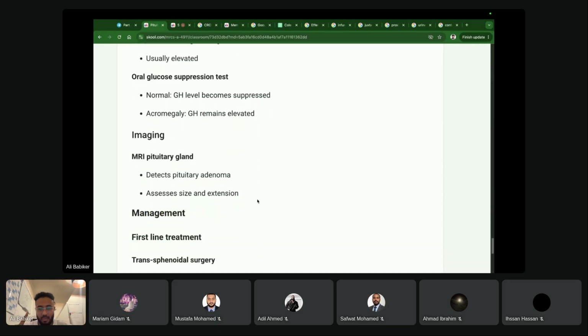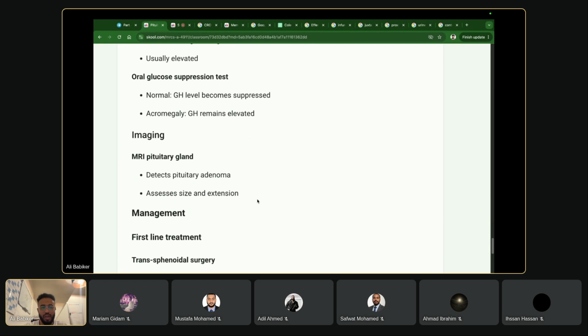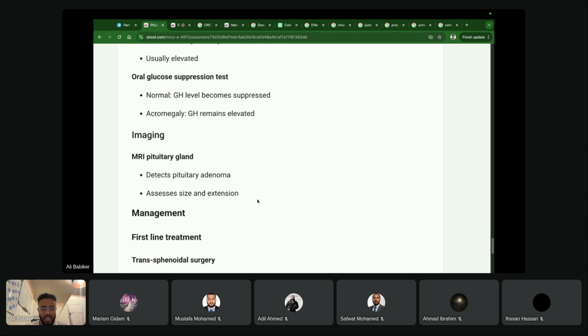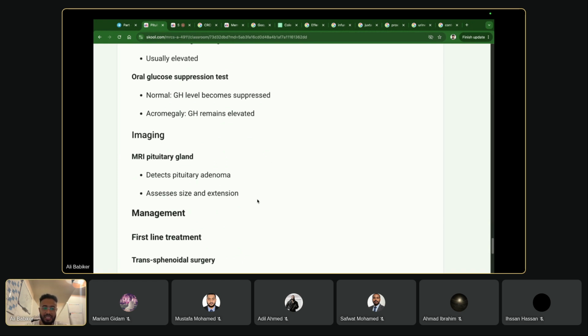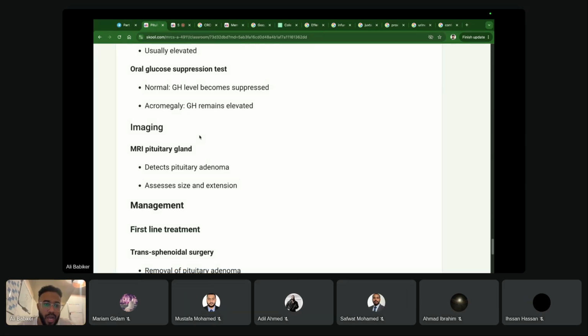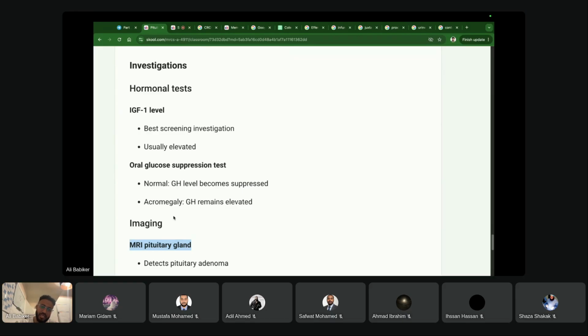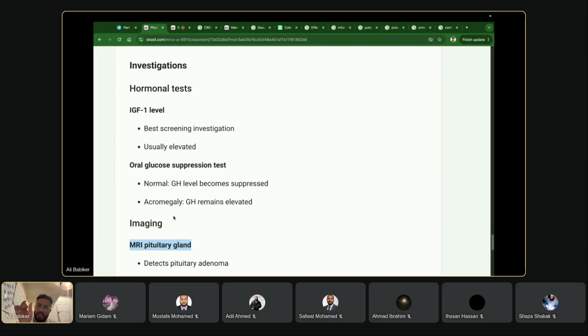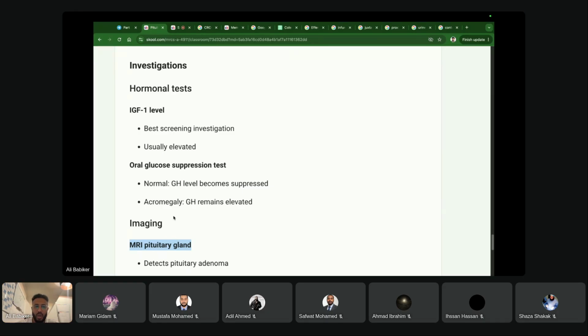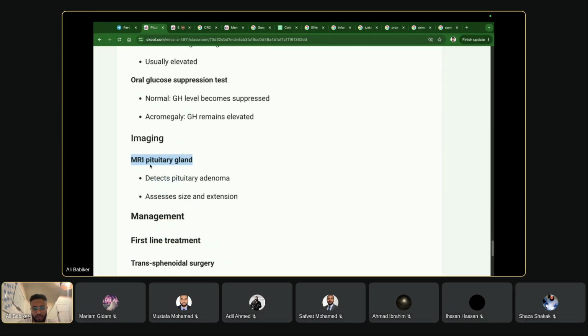If you suspect a pituitary cause, you may do an MRI of the pituitary gland to detect the pituitary adenoma and assess the size and extension. You may say, why don't we start with MRI? Because sometimes, even if your patient has acromegaly, you won't be able to see it with just MRI because the gland size will be normal. That's why we start with the hormonal test before imaging the gland.